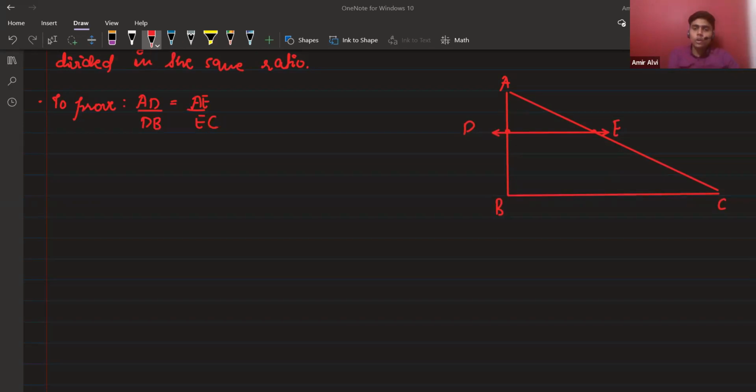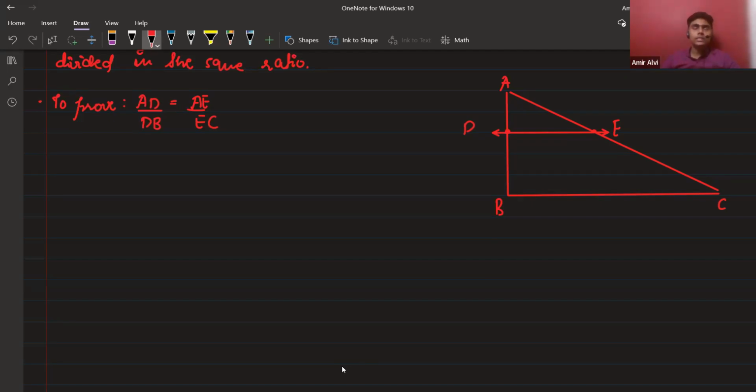How many of you know that triangles made on the same base and between the same parallel lines have equal area? That was in ninth class, the chapter area of triangles.